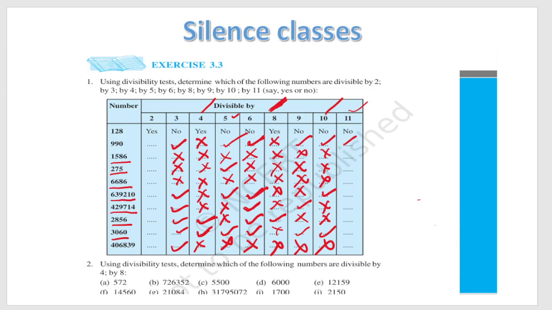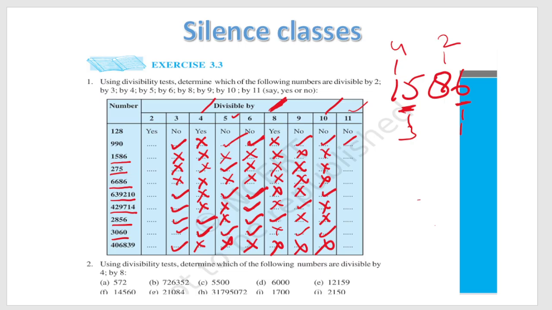Now 1586. This is the easy way: we take the first number, leave the second, take the third, and jump one number, and add them. Ones place, 2, 3, 4.